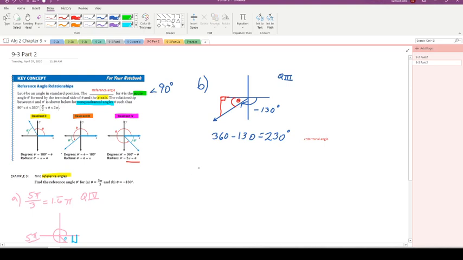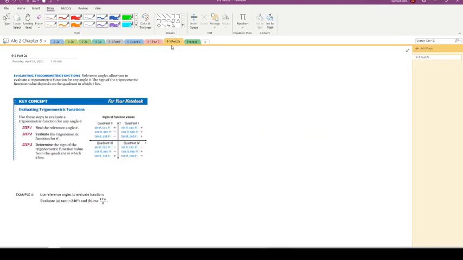So in order to do that, I'm going to do 230 minus 180, which is equal to 50 degrees. That's going to give me my answer for the reference angle for this part. So that takes care of reference angles, and reference angles are very important for what we're going to do next. So let's go on.